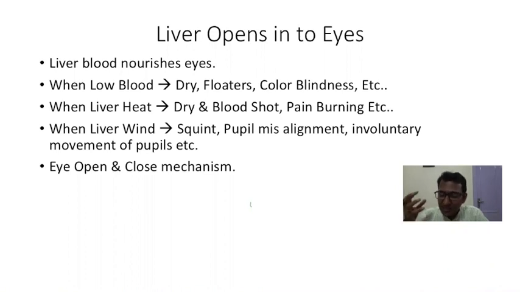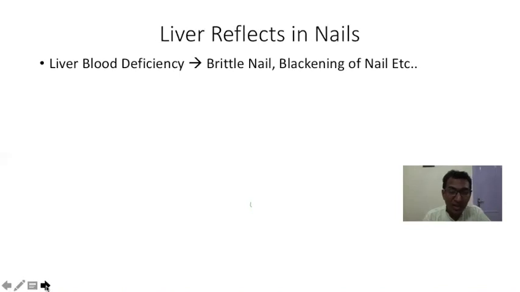And when we sleep deeply, the liver gets an opportunity to do some of its functions, like purifying the blood, etc. So that is why the eyes are the opening of the liver. I hope you all have understood.